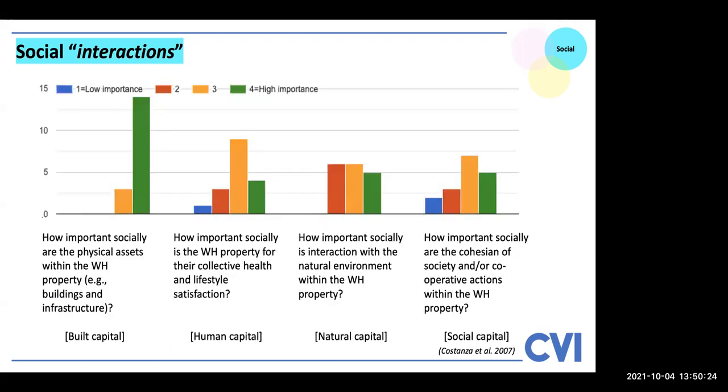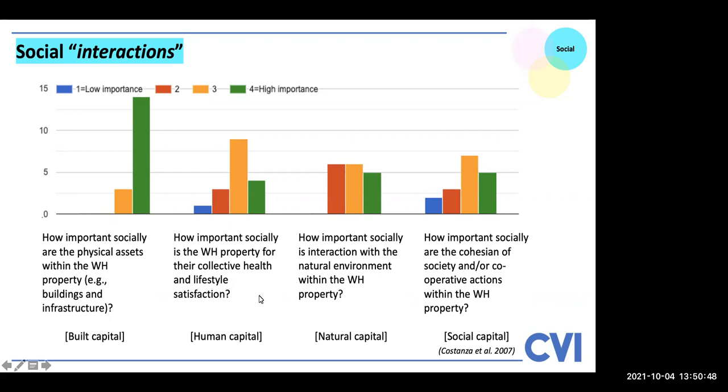We do also pose some questions with the workshop, typically, to ask about some key questions. How important socially, how important to the society are the physical assets within the World Heritage properties, for example, buildings and infrastructure. And this links across to those built capital or built attribute aspects.